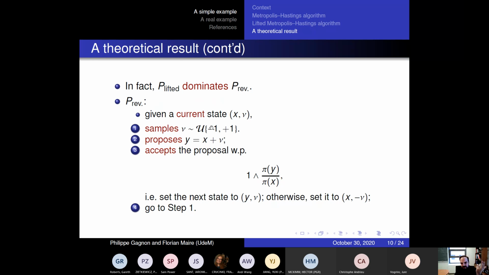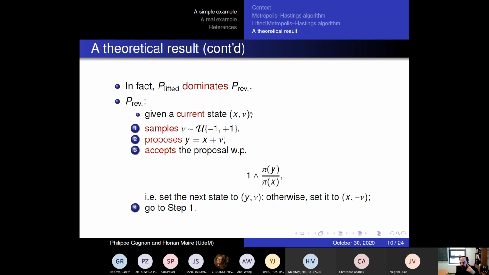Because with probability 1/2, you pick -1 and then you propose X -1, okay? And you have the same. So in this case, this reversible counterpart corresponds to MH. Also, another interesting thing to notice here is that you could see this reversible counterpart as another way of writing the MH algorithm.